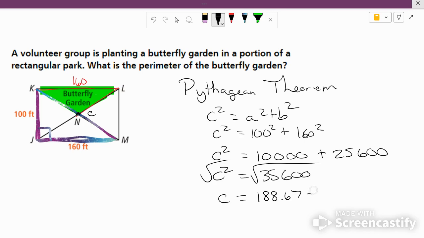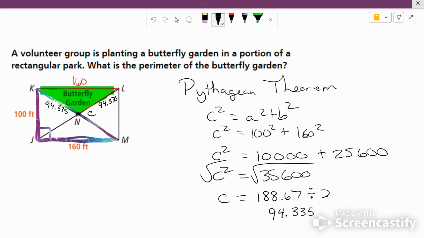So take 188.67 divided by 2. That should be 94.335 or something like that. So this part is 94.335. And since the diagonals are congruent, this part is 94.335.